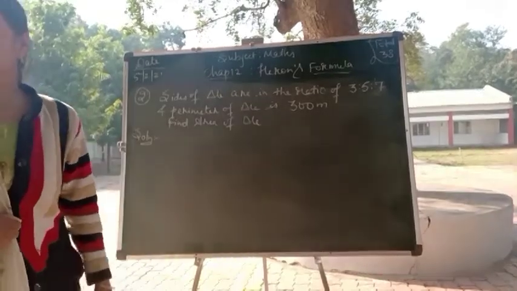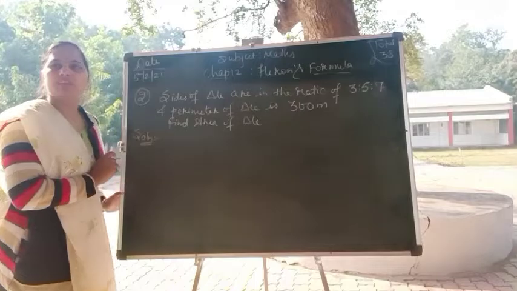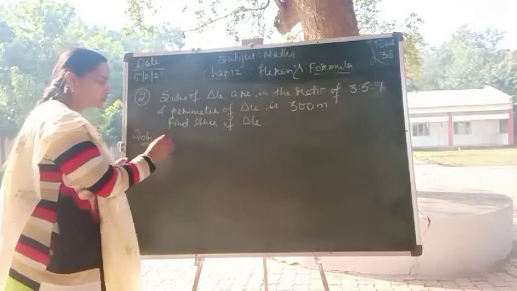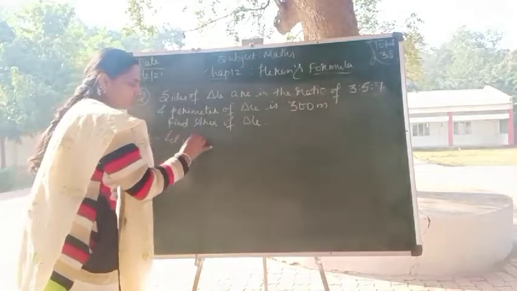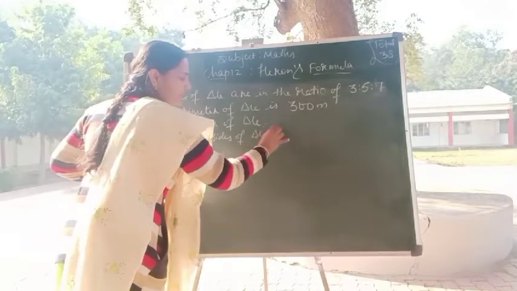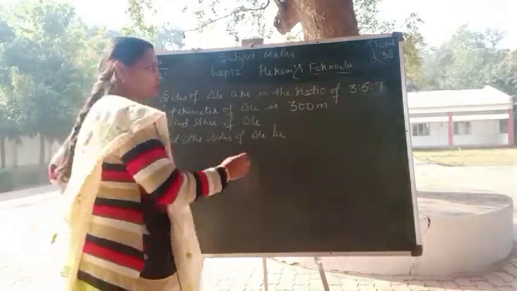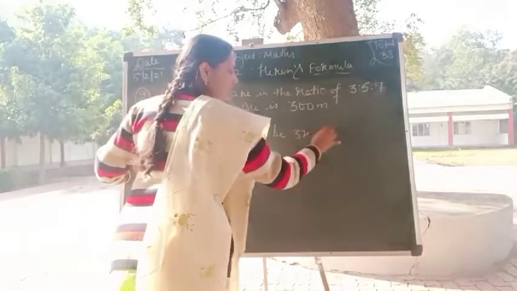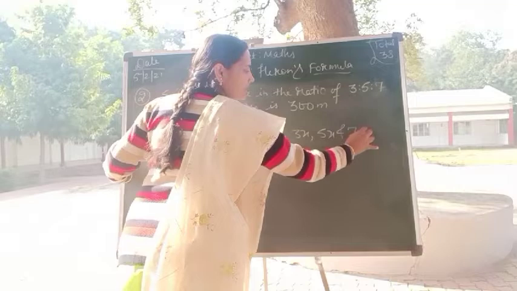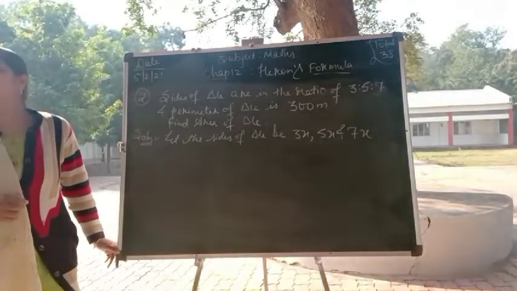Now let us check your answer, children. So here sides are in the ratio of, whenever we are given the ratios of the sides, then I have to assume let the sides of triangle be 3x, 5x and 7x. Mohit, right?